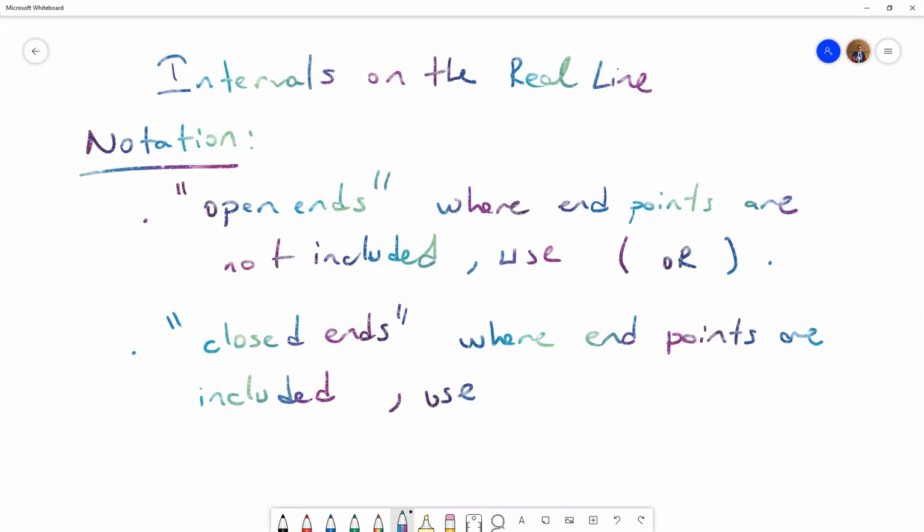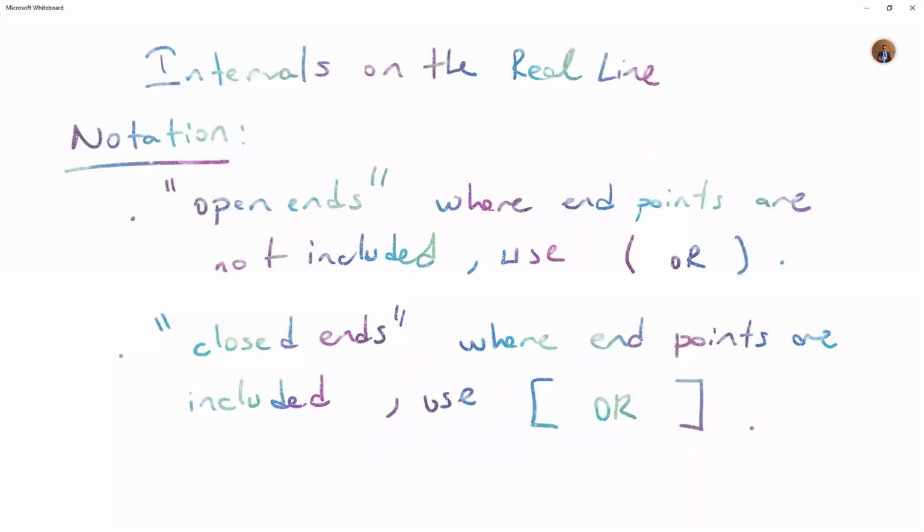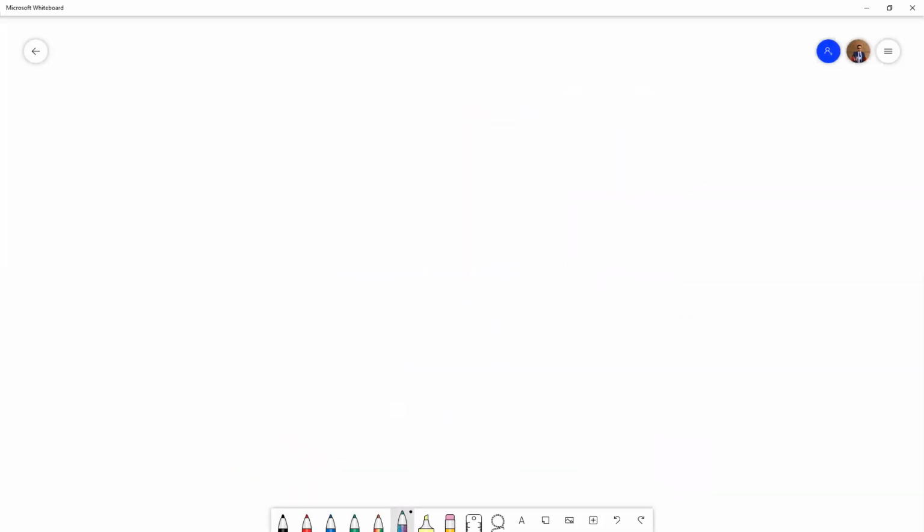Use this bracket from the left or this bracket from the right. And for the intervals, we have 9 types. So let's write these 9 types of intervals.